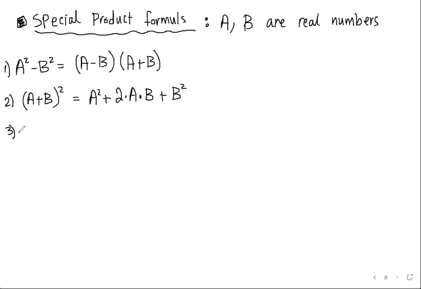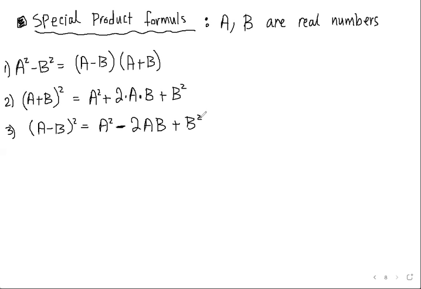Third rule: if I have A minus B squared, this is equal to the first term squared minus 2 times the first one times the second one plus the second one squared.